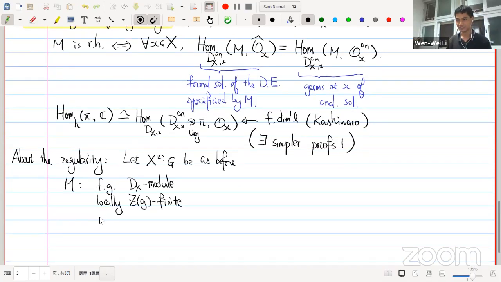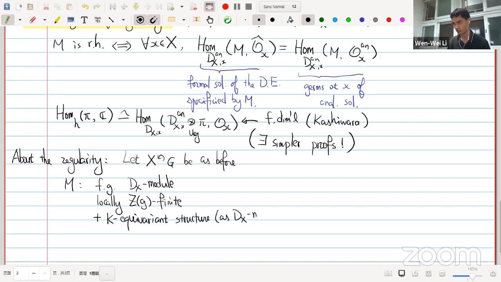And it is also locally, this guy is also equipped with a K-equivariant structure as D modules.